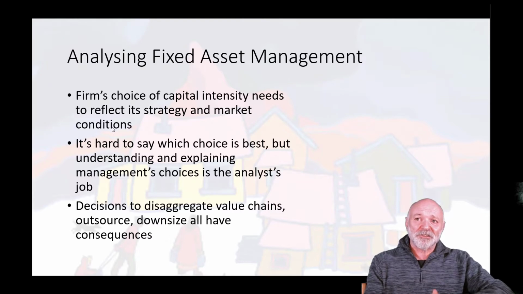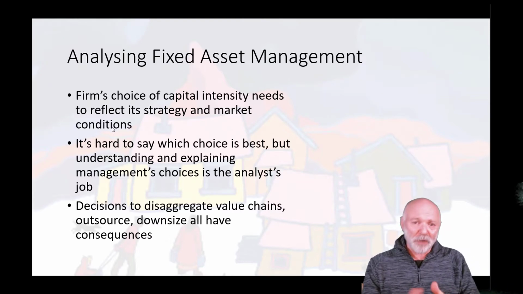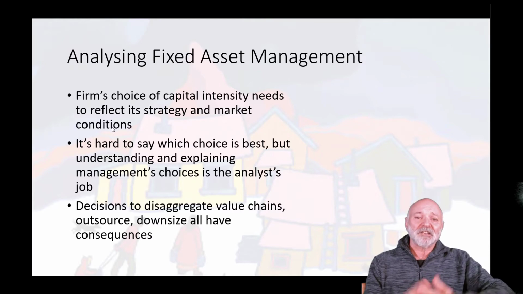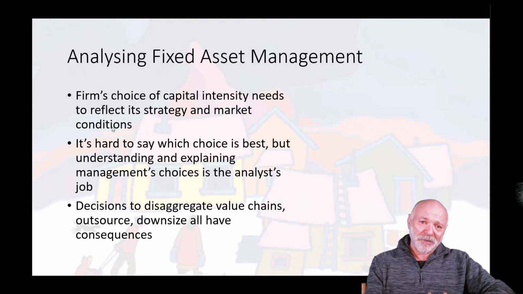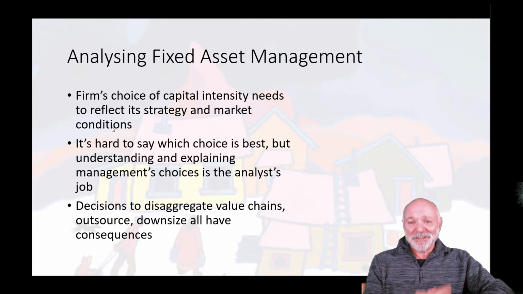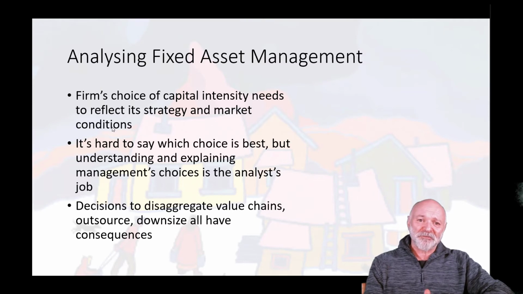Decisions to break up our value chains, to outsource, to offshore, to downsize will reduce our capital intensity, and that may be a good thing, but of course it has a consequence in making us less cost effective if the market is good and if we're producing at a higher marginal cost than our competitors, and we end up being outpriced in the market because they have a lower cost base, they can afford to cut their prices, they have the best capital efficiency.